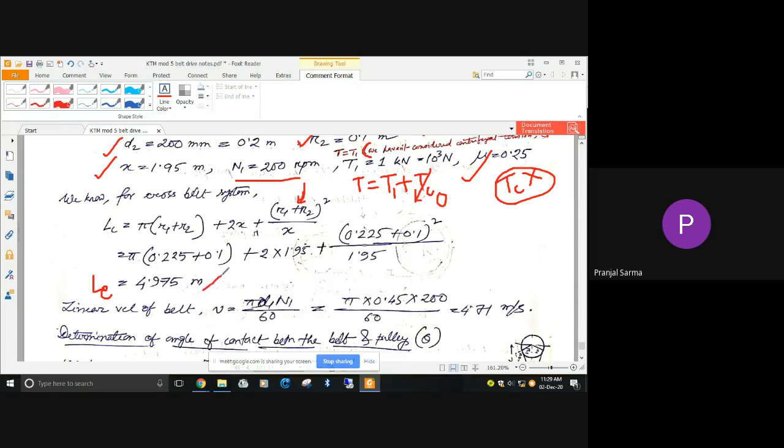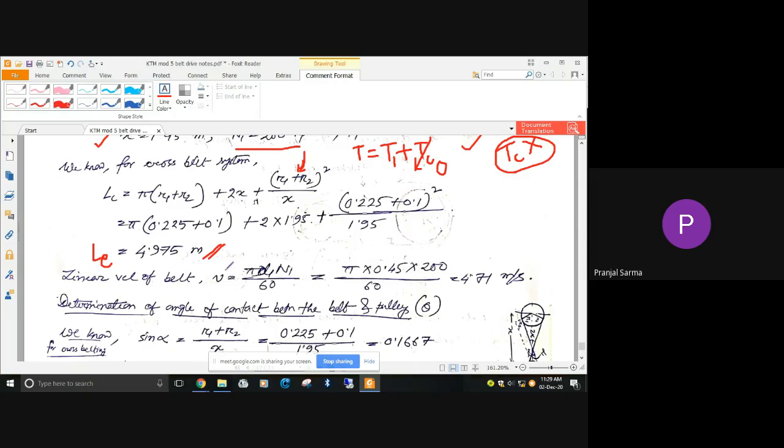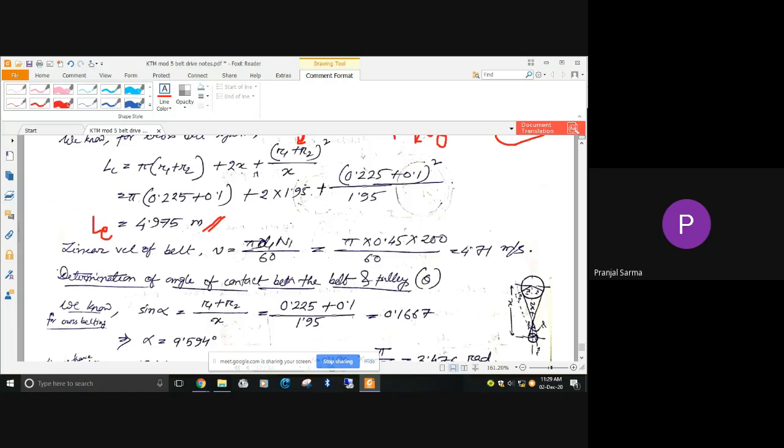So this completes the very first step. Now from here we can also get the linear velocity of the belt, just like in the previous case: v equal to pi d1 n1 by 60.